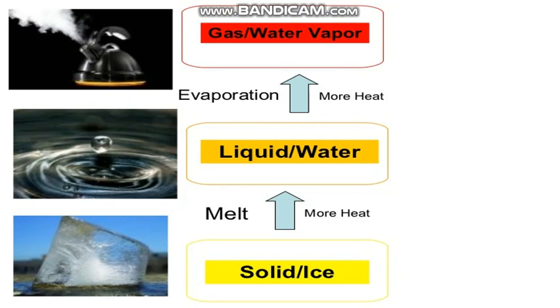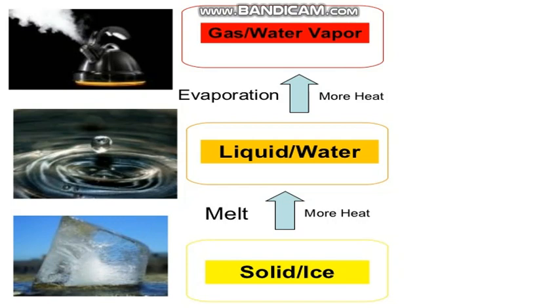When you boil the water, what will happen? Steam will form. You can do this experiment at home. You take a solid, that is an ice cube. When you heat it, it will change into liquid. When you continuously heat that water, bubbles will come out from that water.